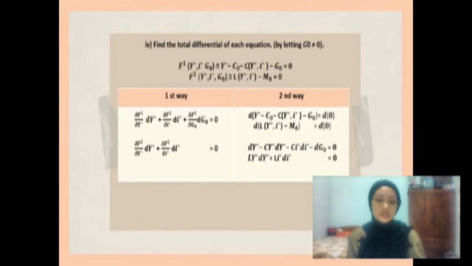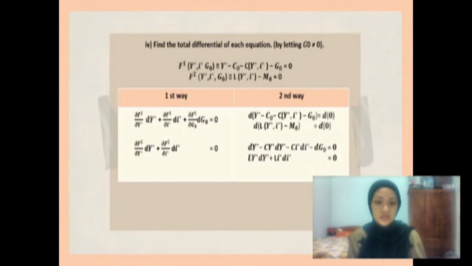Okay, so for the second way, we put the equation and 0 in brackets and put d at both sides for differentiation. So we get dY star minus C_Y star dY star minus C_I star dI star minus dG null equal to 0.